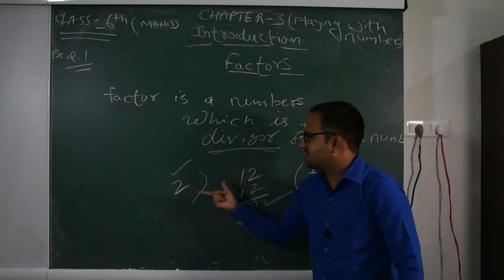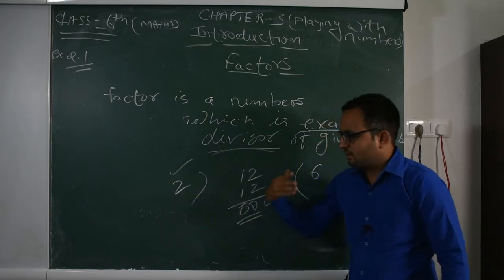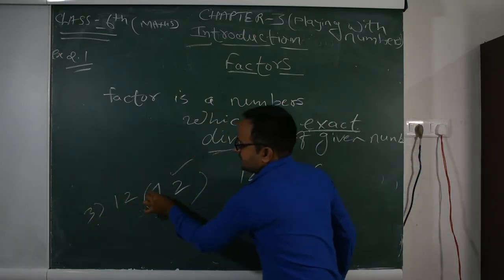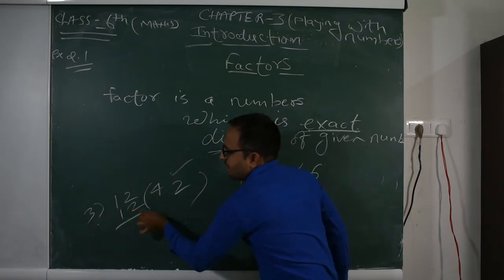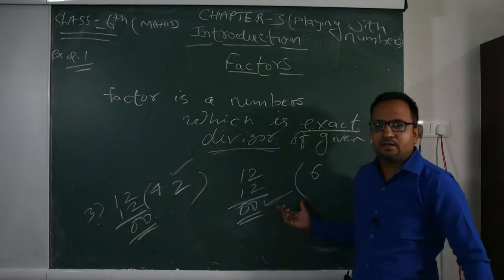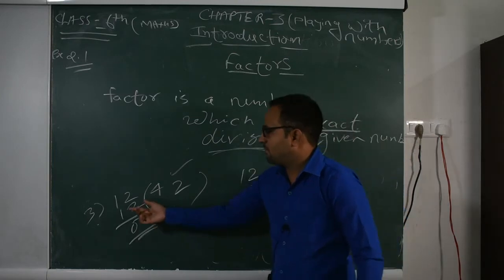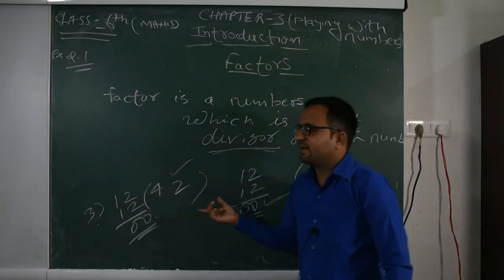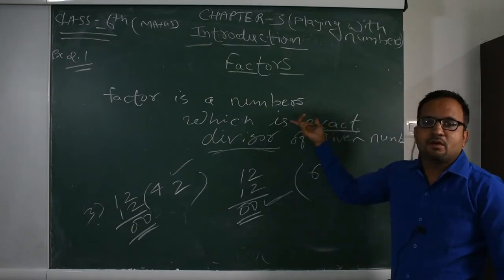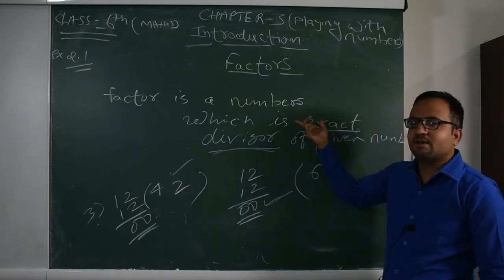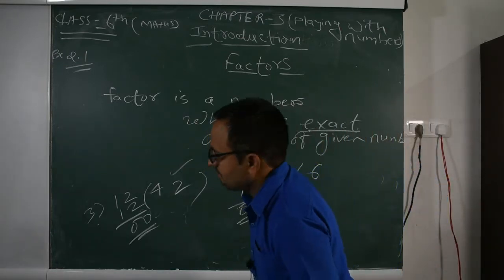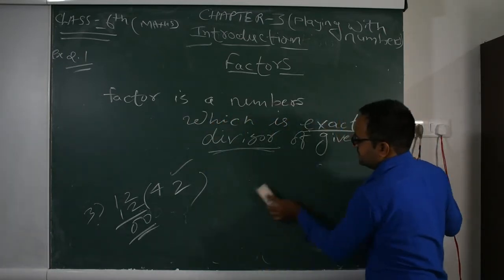Then 3 fours are 12, again we get 0. So 3 is also an exact divisor of 12. That means more than one factor is available for a particular number. So a factor is an exact divisor.